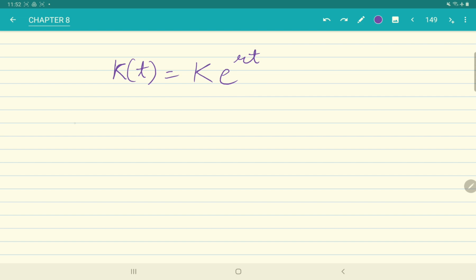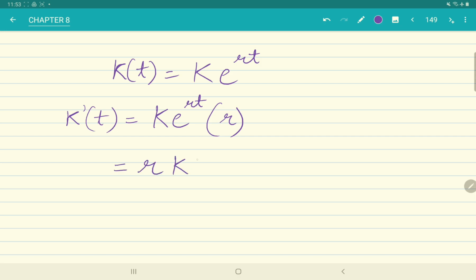And if I differentiate this with respect to t, I have k e raised to the power rt, and then I should write r. So this is equal to r k of t, and basically now I have k prime of t by k of t equal to r. This is something to note.